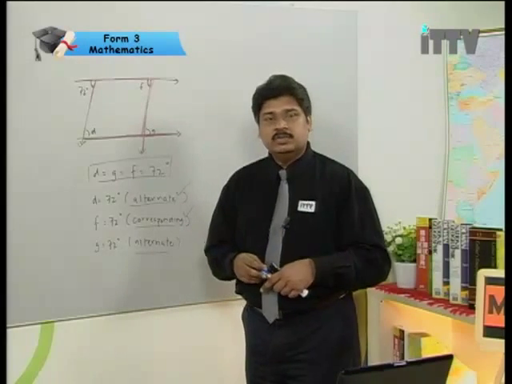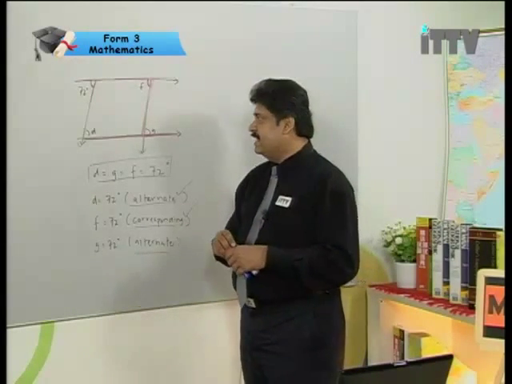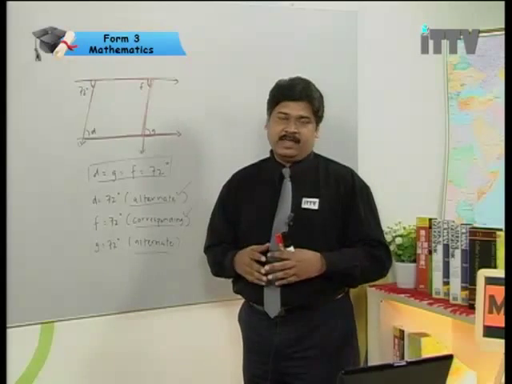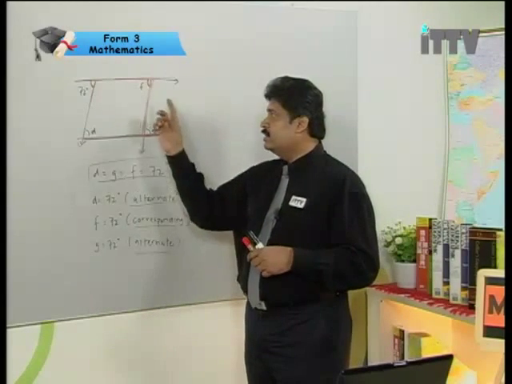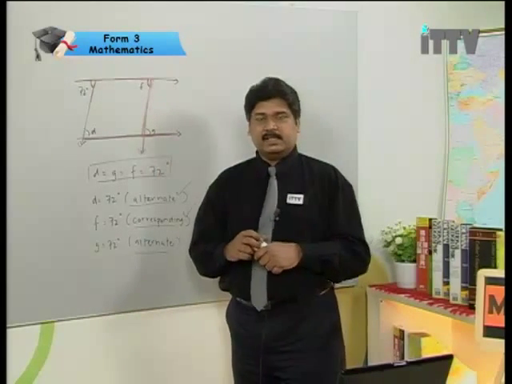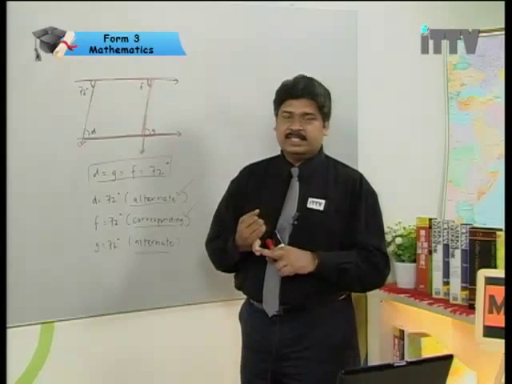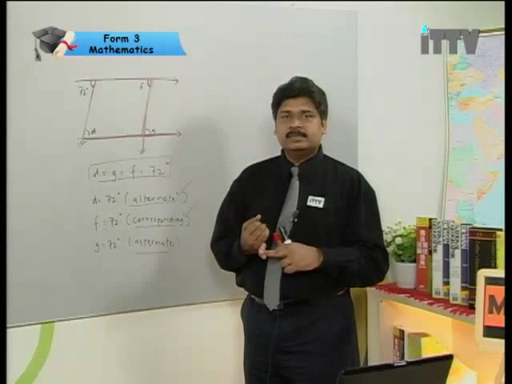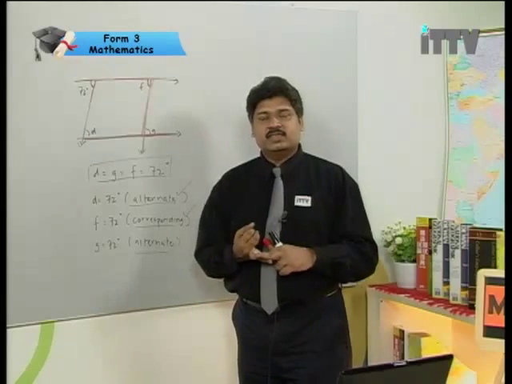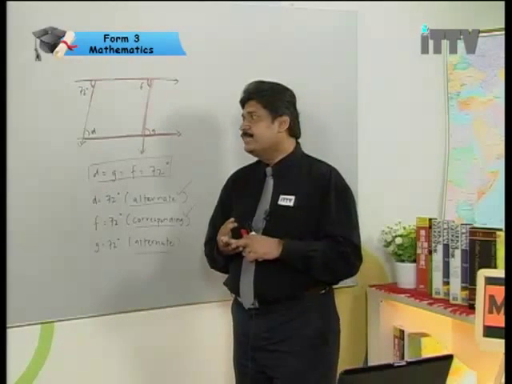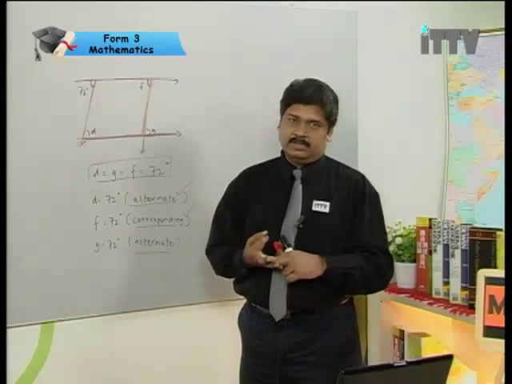What are those concepts? Basically, we are talking about the types of angles formed when there are two parallel lines and a transversal. The first is corresponding angles, second is alternate angles, and finally, we have the interior angles.